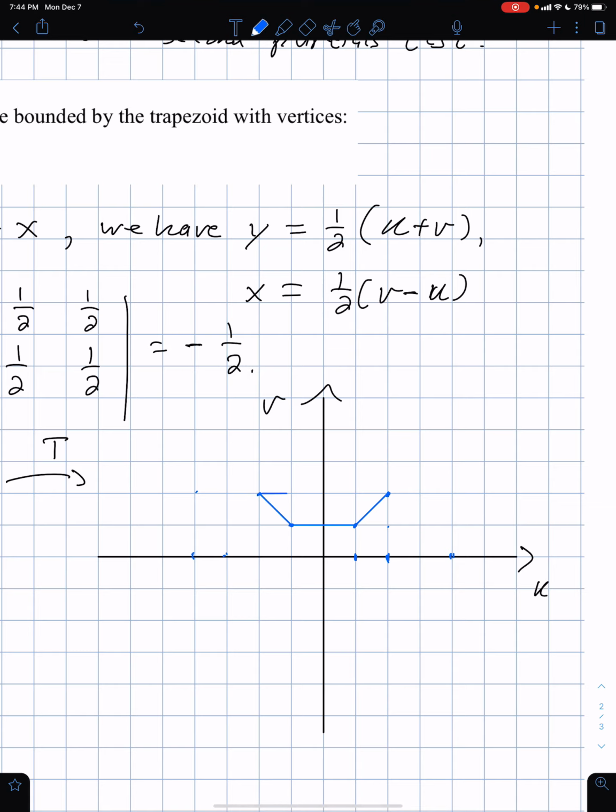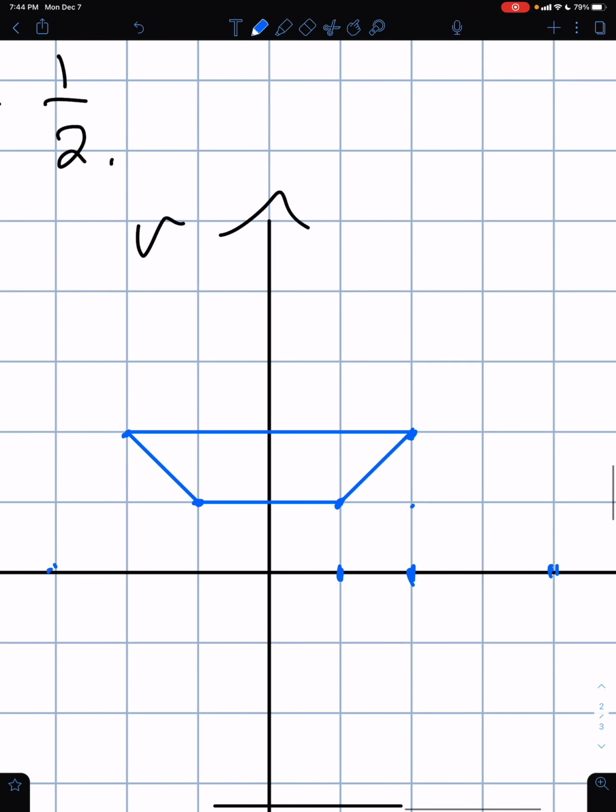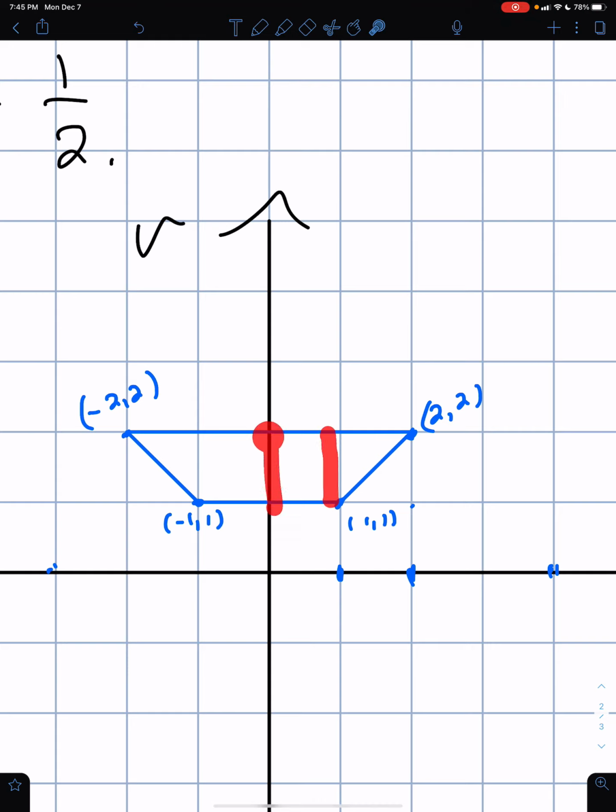Okay, so I want you to verify that that's the transformation. That's what it'll look like. So what you do is you figure out what each point is transformed to. And then check this out. You don't want to go like this, up like this, because you have 3 different regions.